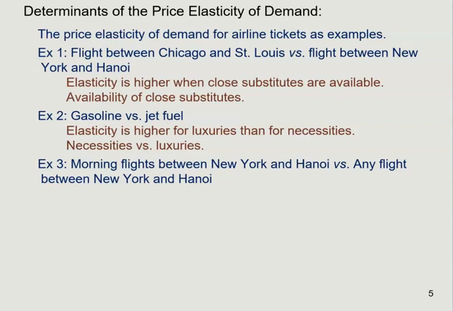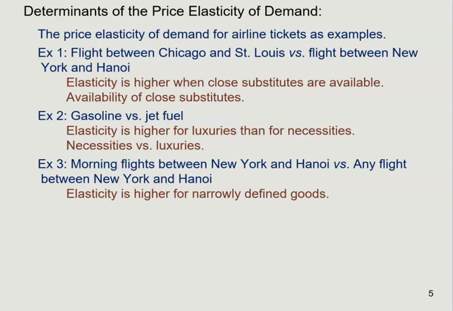However, if you could take any flight during the day, like even the red-eye flight, which would be extremely early in the morning, or late night, or the afternoon ones, then any flight between New York and Hanoi is going to be more elastic. When the price changes, you can switch to a different flight at a lower price. So here we would say elasticity is higher for narrowly defined goods.